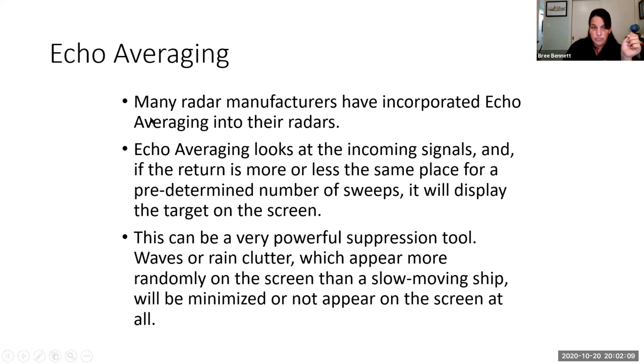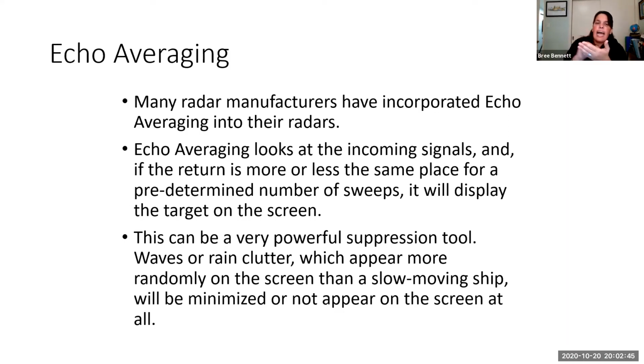Echo averaging. I was kind of explaining it earlier with that history or those trails. If I have an echo that's constantly in this spot and constantly has the same relative motion, I'm predicting that in the next sweep it should be around here. If it's not around there, maybe it will alarm, or it's going to average out where those are, almost like dead reckoning.